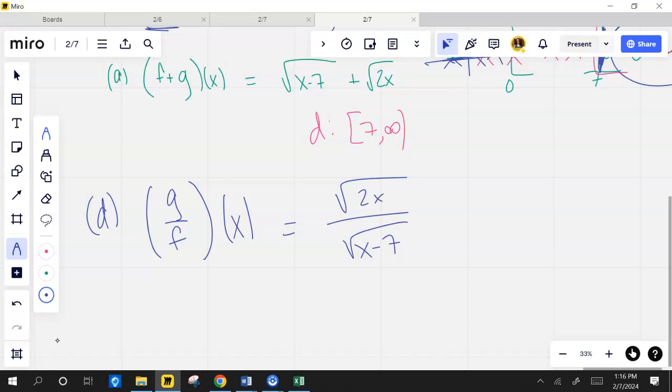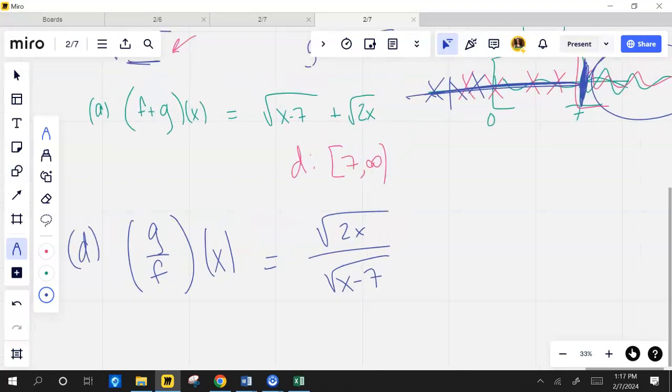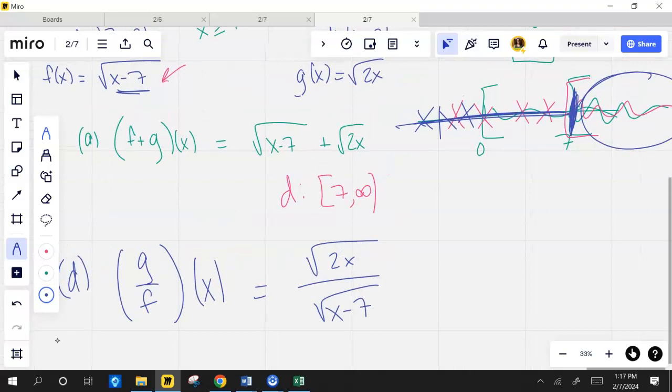What is that? Cannot be 0 where? In the denominator. What would make me have 0 in the denominator? 7, right? So now, do I have this same domain, but now not only can I not be any of this on this side, I also can't be 7. So how do I say that?